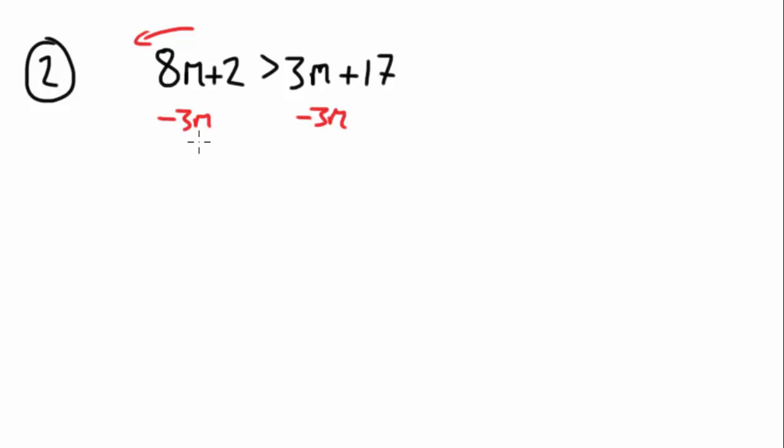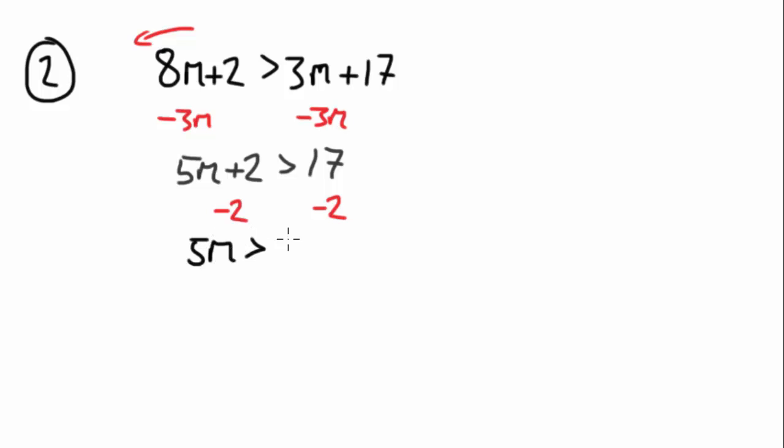So that takes you to 5m plus 2 is greater than 17. We'll take away 2 from this side and take away 2 from this side, and that gives us 5m is greater than 15.